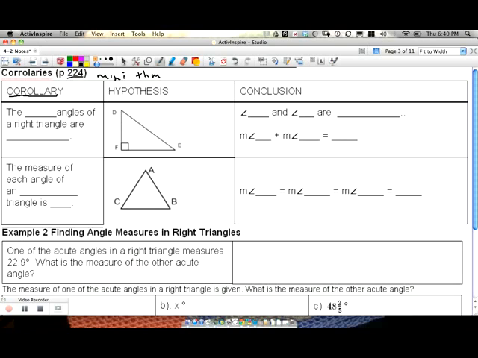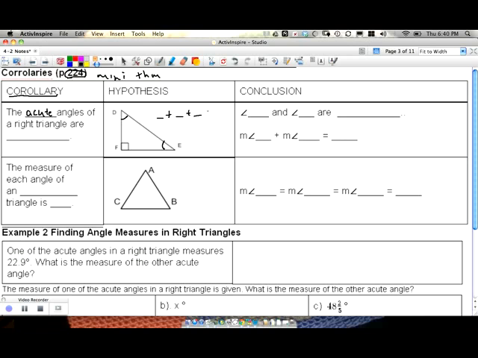Okay, so let's talk about the first one. It's about the acute angles of a right triangle. So I actually just started to give it away here. It's the acute, in other words, the small angles, not the 90-degree angle. We're talking about D and E in this case. Well, let's think about this. The three of them add up to 180.